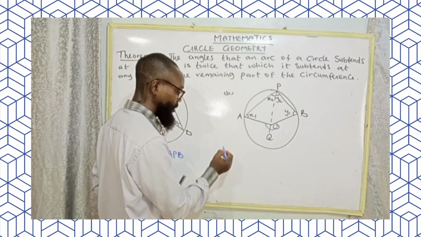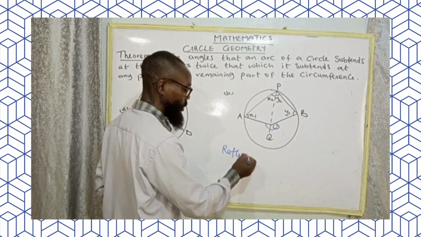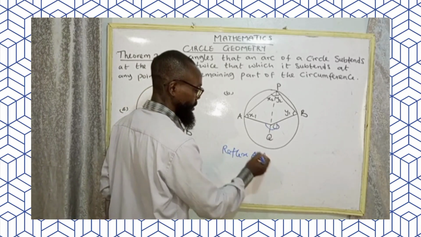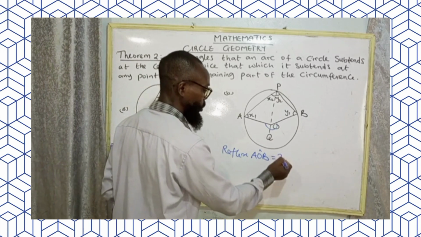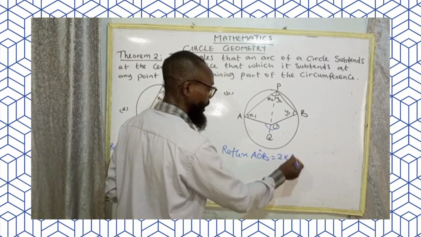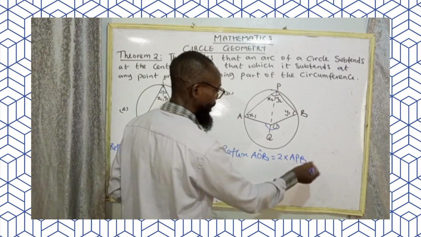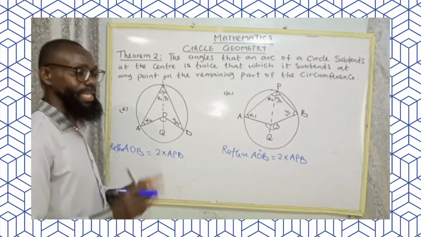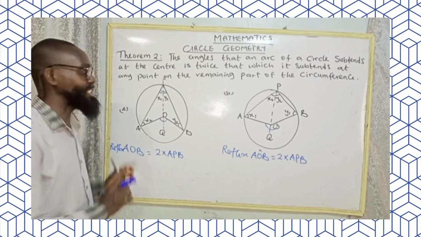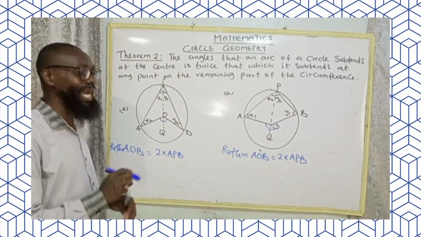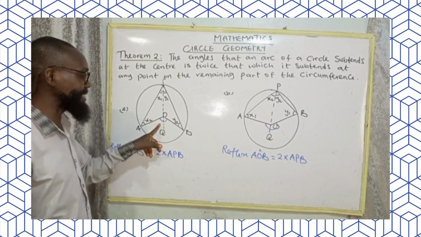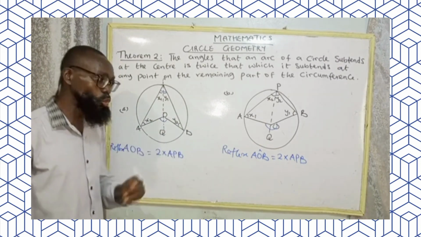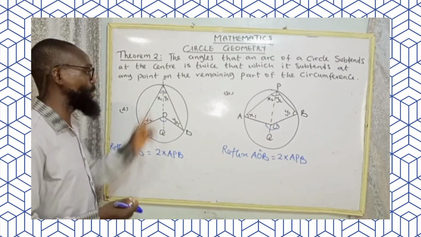Likewise, the reflex angle AOB is going to be equal to 2 multiplied by angle APB, and our angle APB here is x2, y2. So, in a nutshell, this theorem states that the angle at the center is equal to 2 multiplied by the angle at the circumference.